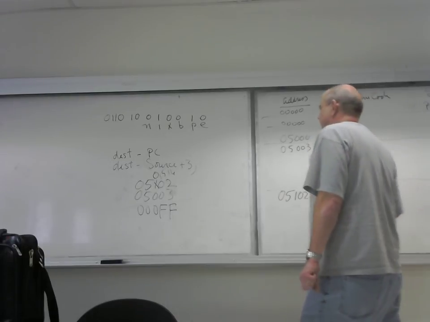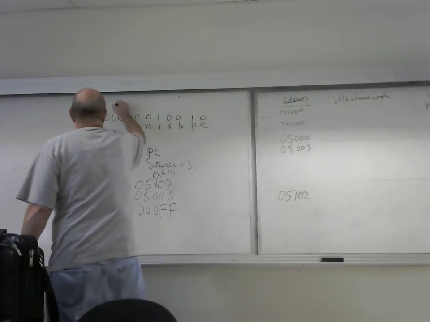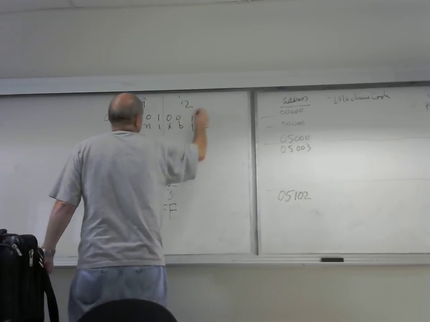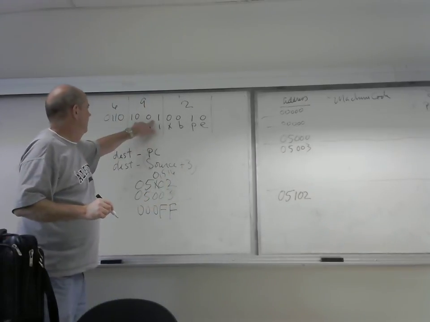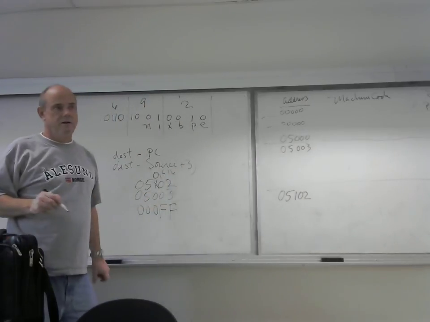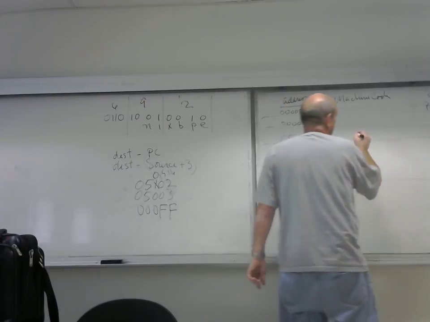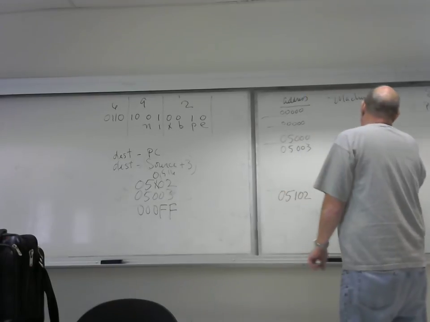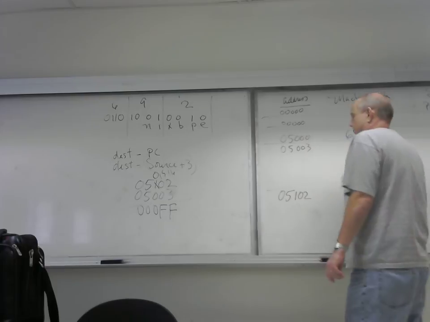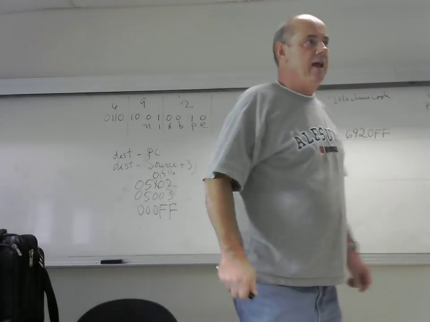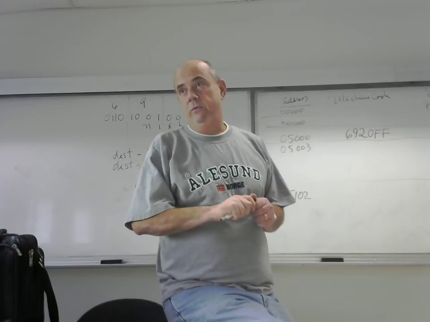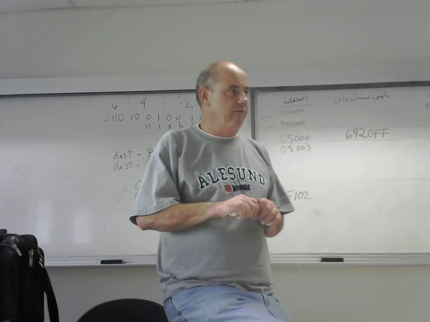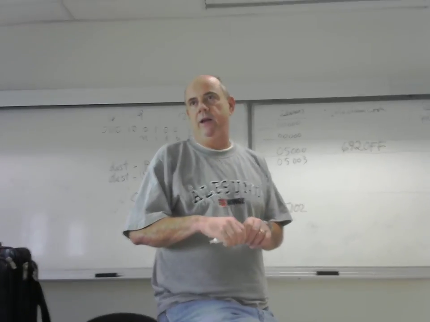Okay, so now we have 6, 9, 2, 6, 9, 2. So that says go forward from where you're at right now, which is 5,003. Go forward 255 bytes and read what's in memory there. Got that?